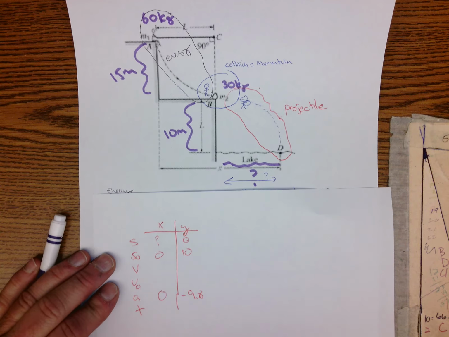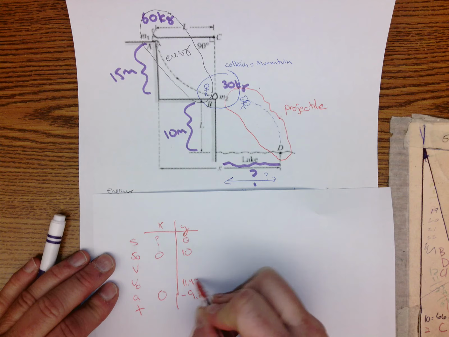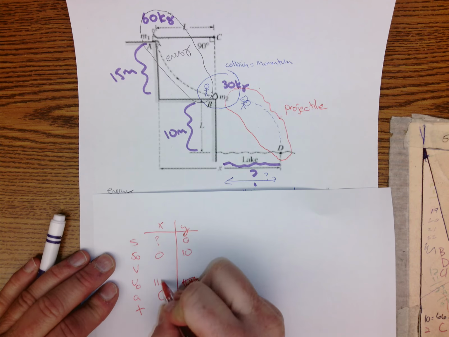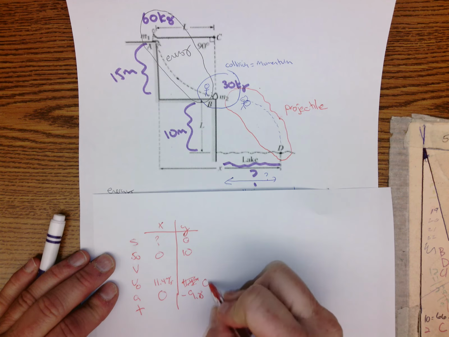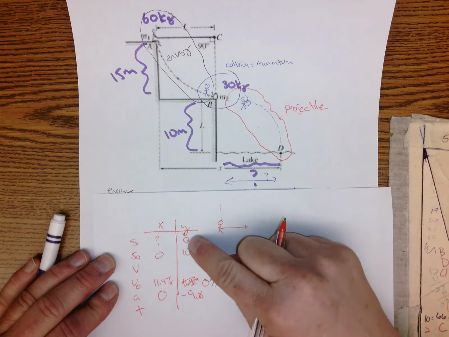The most important piece is the hardest piece. Is that 11.4 meters per second is all in the x direction. And there is nothing in the y direction. Because when he flies off, he's right at the bottom of the circle. So he's flying off tangent to the circle. You've got 1, 2, a half, 3 things.